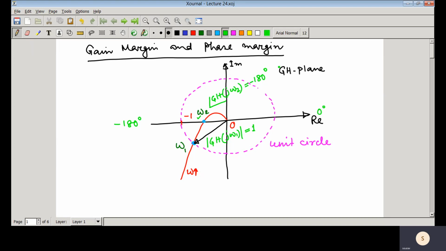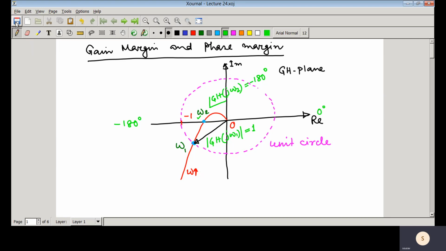The reason is, from the Nyquist stability criterion, we know that the closed loop system would be stable whenever the number of encirclements is equal to the number of poles of the open loop transfer function in the right half of the S plane.